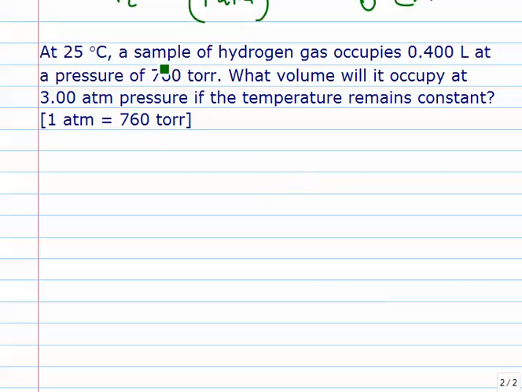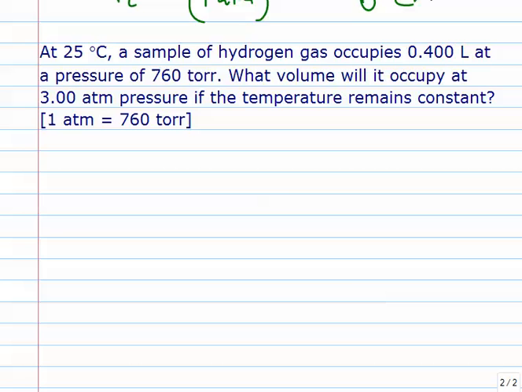At 25 degrees, a sample of hydrogen gas occupies 0.4 liters at a pressure of 760 torr. The question is, what volume will this gas occupy if we change the pressure to 3 atmospheres, assuming that the temperature remains constant?